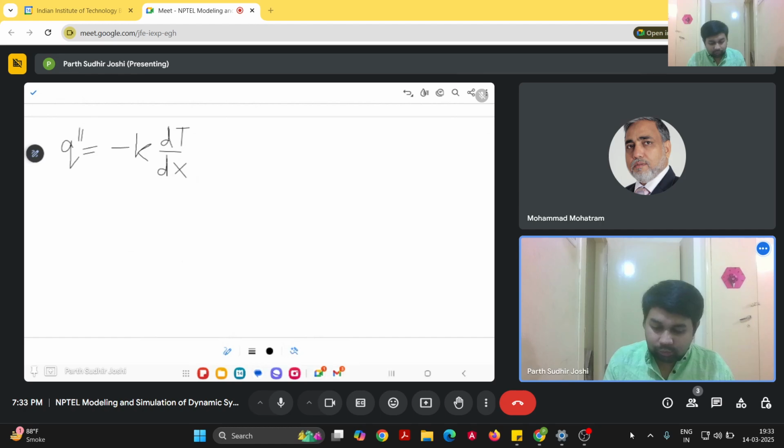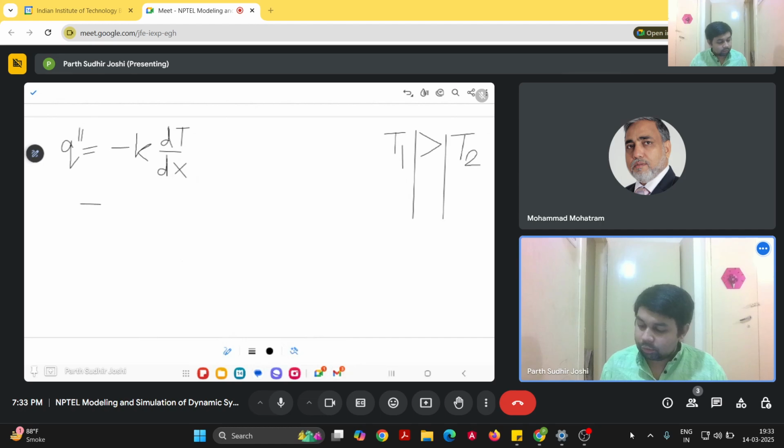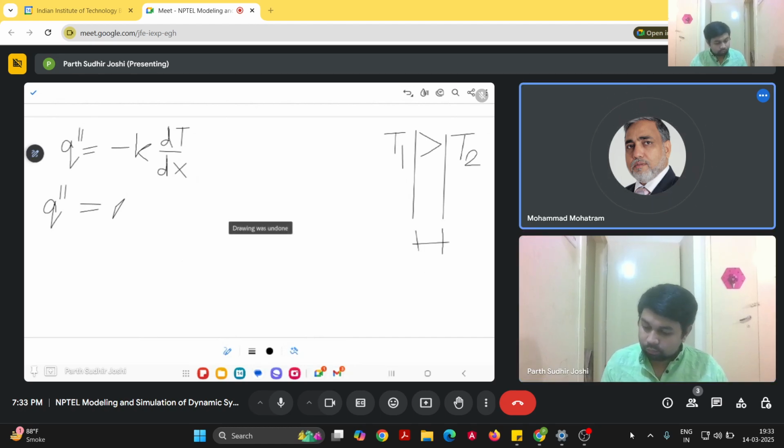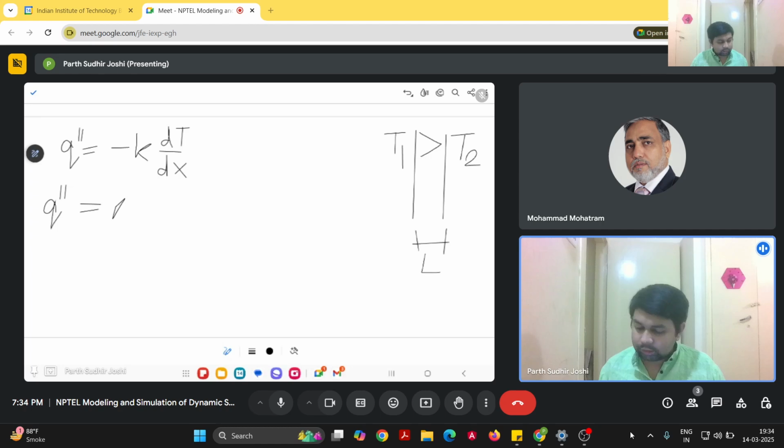So let us say that the wall temperatures are T1 and T2, and if T1 is greater than T2, then the heat flux will be K into, and if L is the thickness, then we can write it as K into (T1 minus T2) by L.